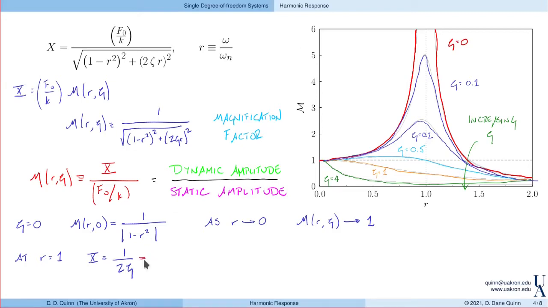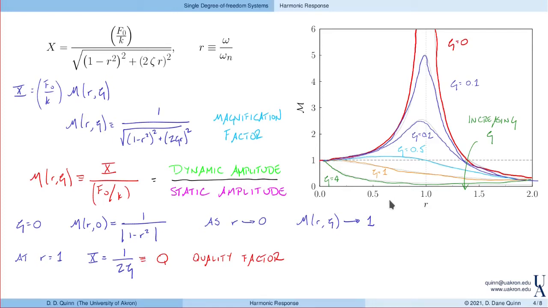We actually define this as the quality factor, or Q. So if we can measure the amplitude at r equals 1, where the system is forced at its natural frequency, then again, that's only dependent on the damping ratio. And again, for historical reasons, that's defined as the quality factor. So if we gave you the quality factor of a system, you could immediately determine the damping ratio.